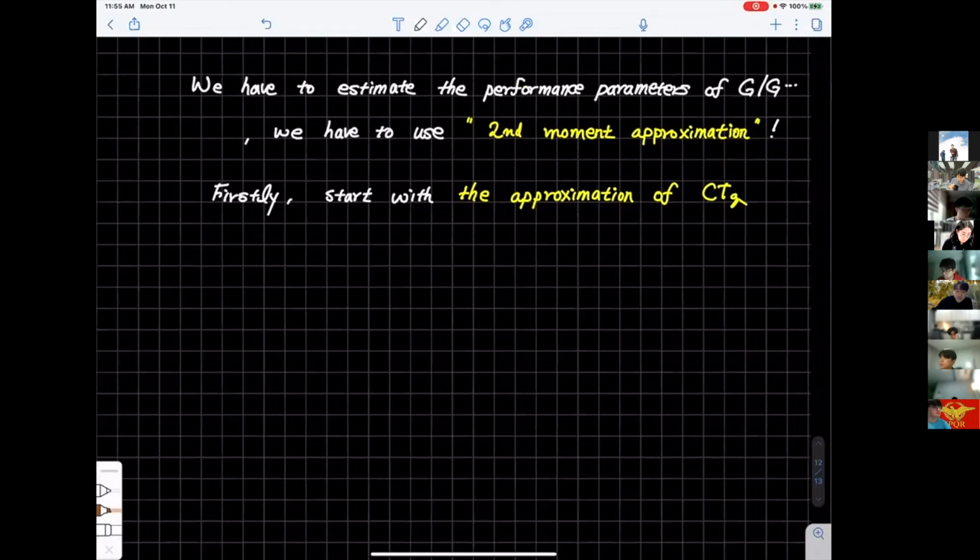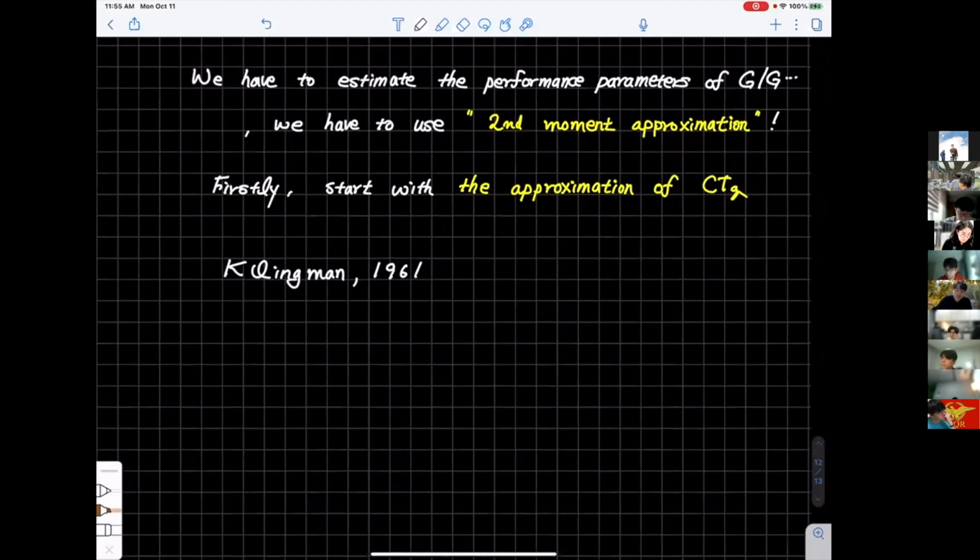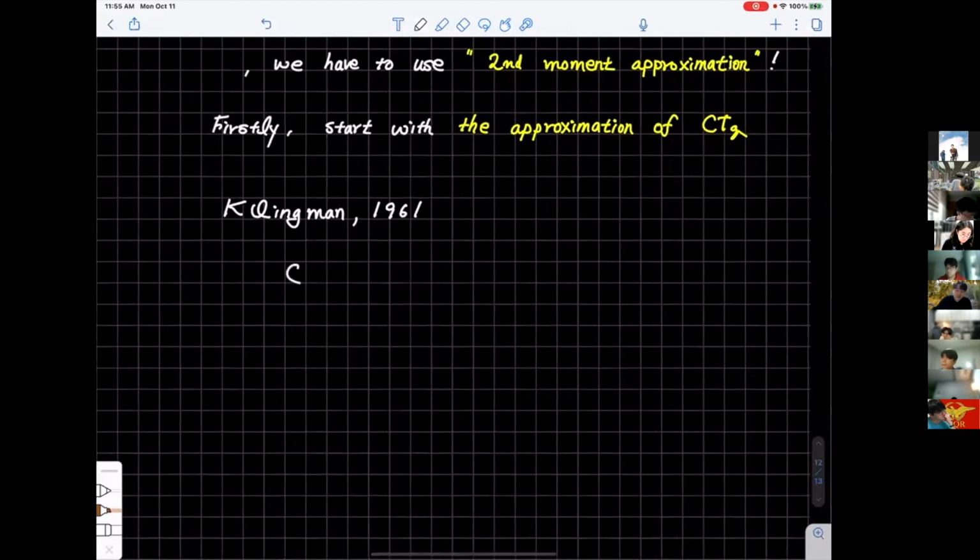So at this point, we will adopt the approximation result of Kingman, who studied this approximation in 1961. And that result is like this. CTq can be approximated.